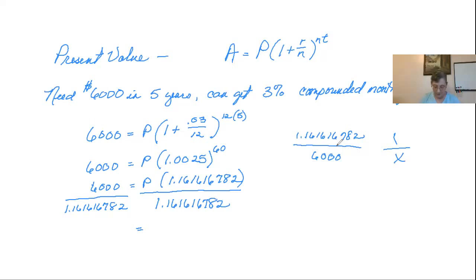So I'm going to do that divided by 6,000 equals 1 over X, which is going to give me 51.6521. That is equal to the principal I need to start with to have 6,000 5 years from now.